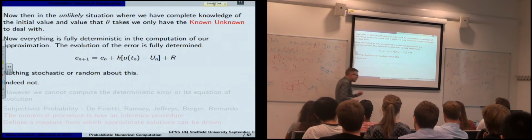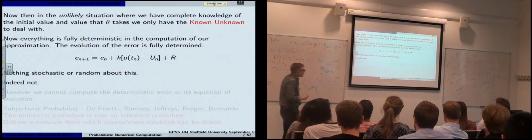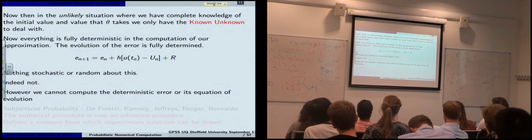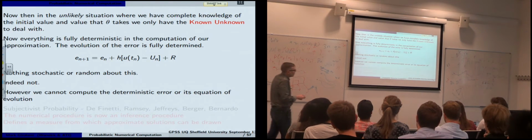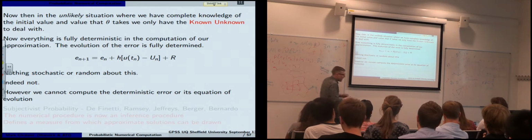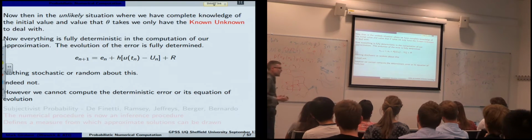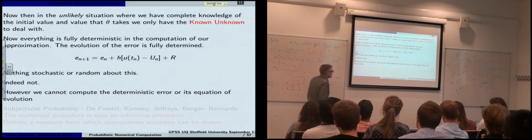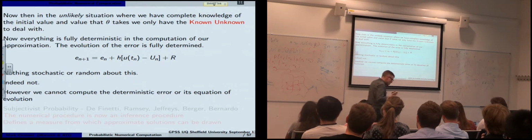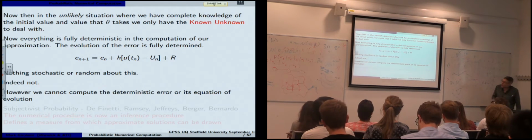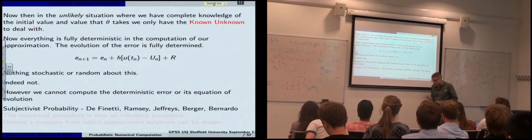But there is a small problem. There's a small issue here. And the small issue is that despite we can write this down, and despite we know that the evolution of the error is fully determined, we don't know what it is. You can't compute it. And so we have to resort to a branch of probabilistic inference known as subjectivist probability.